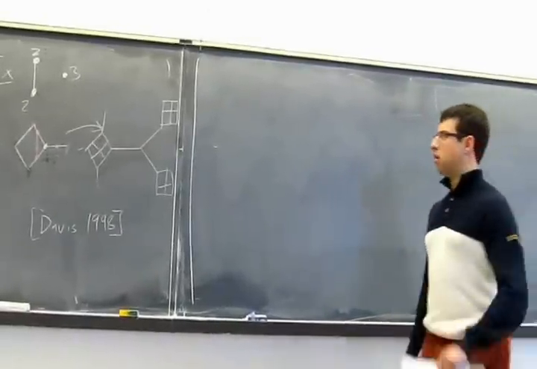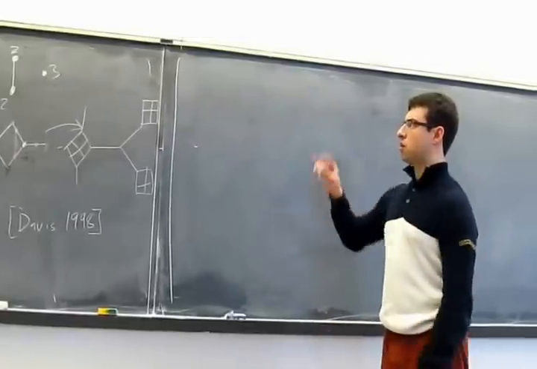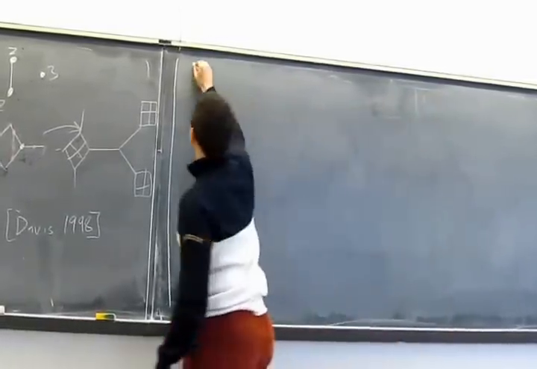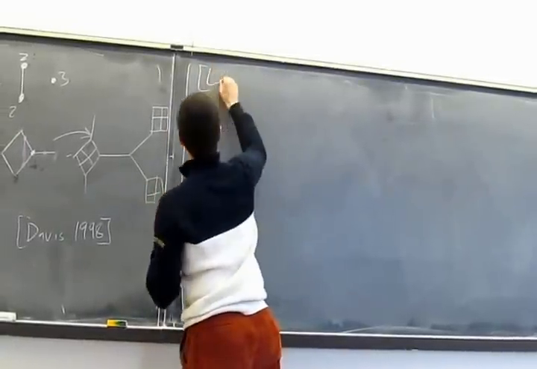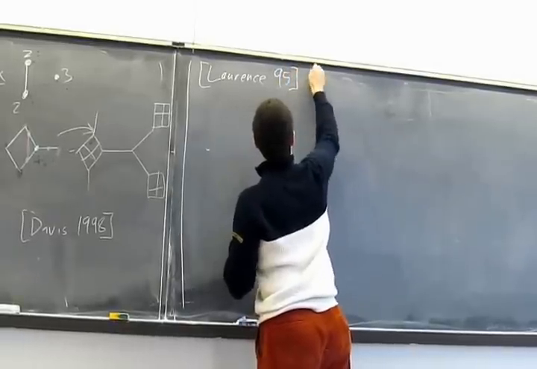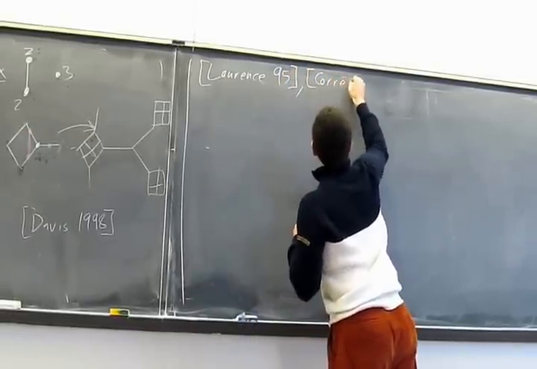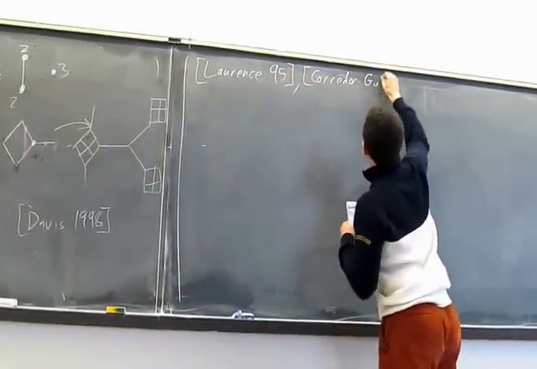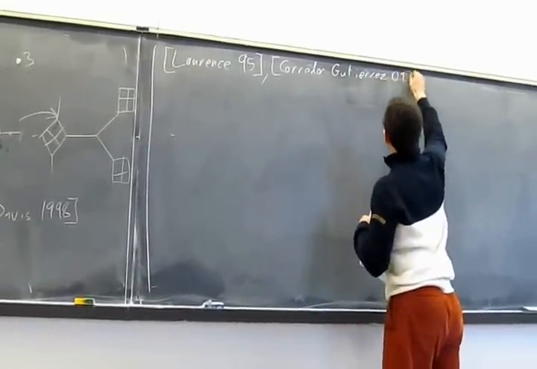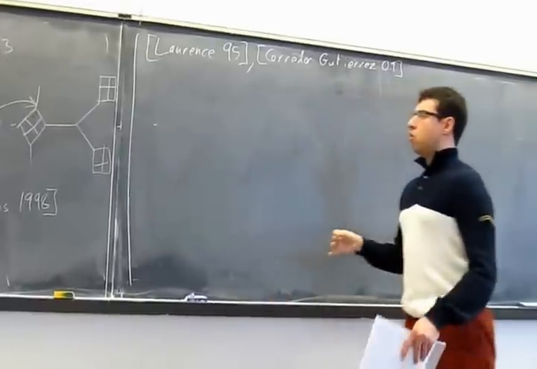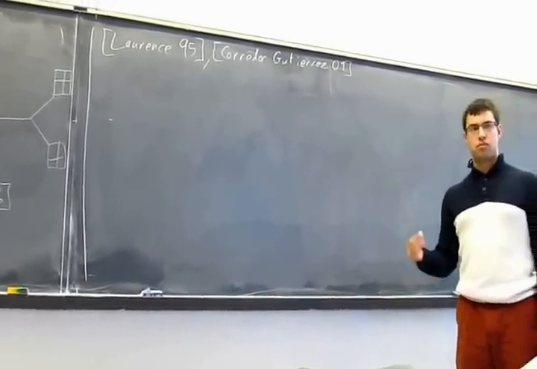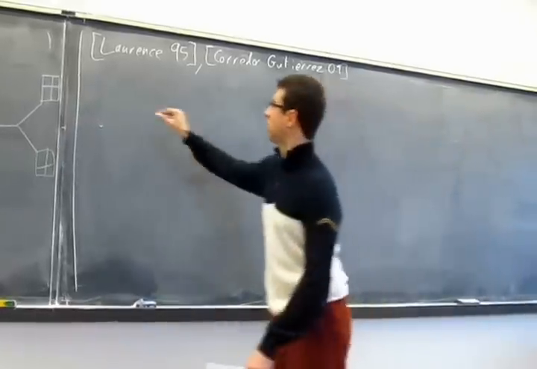Yeah. Okay. So now that we have a good handle on this, we want to actually start looking at the full automorphism group of this. So, in 2 papers, Laurence from '95 and Corredor-Gutierrez, this is Mo, in '09, we find a nice generating set for the automorphism group of a graph product of finite cyclic groups.